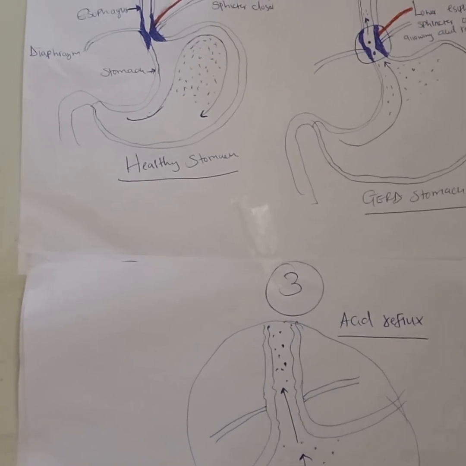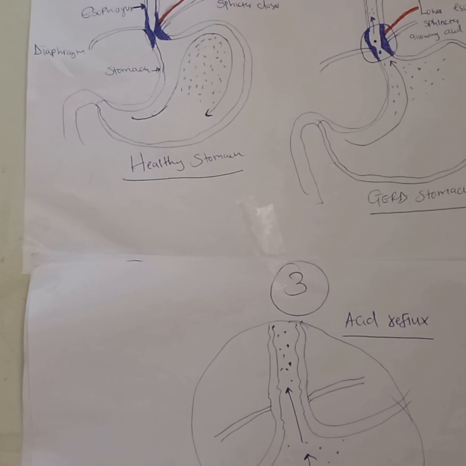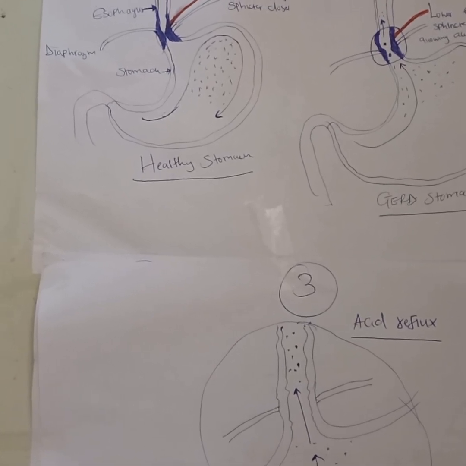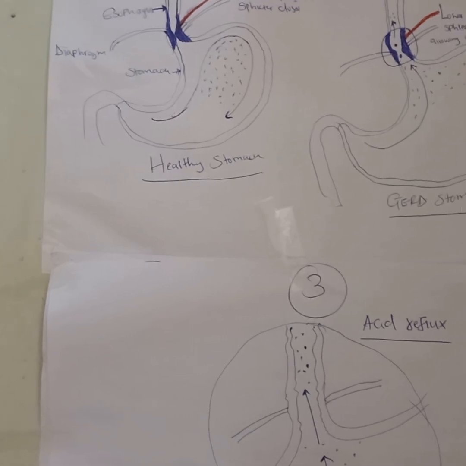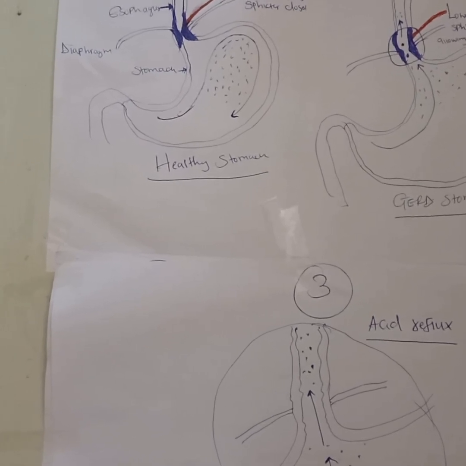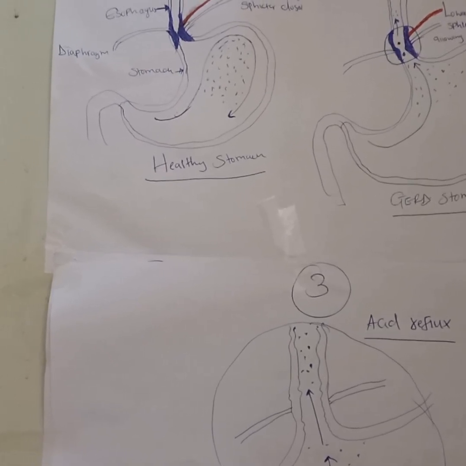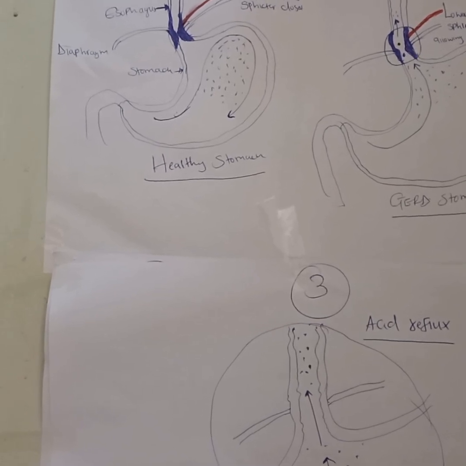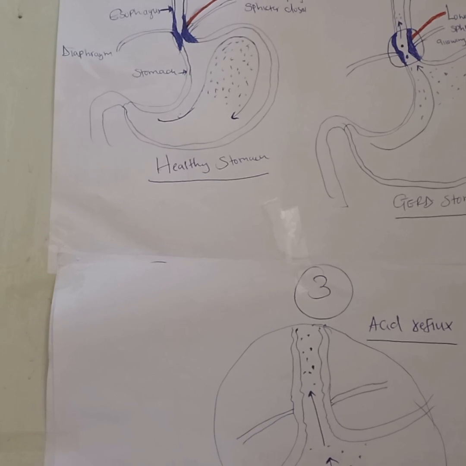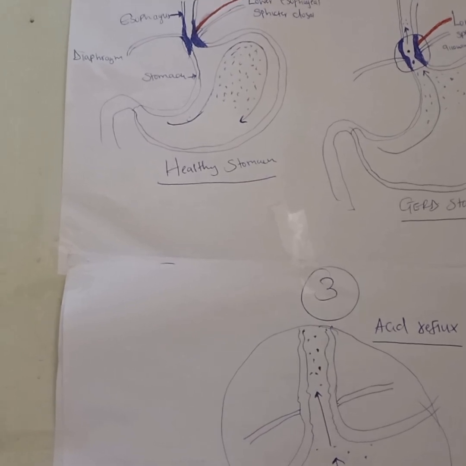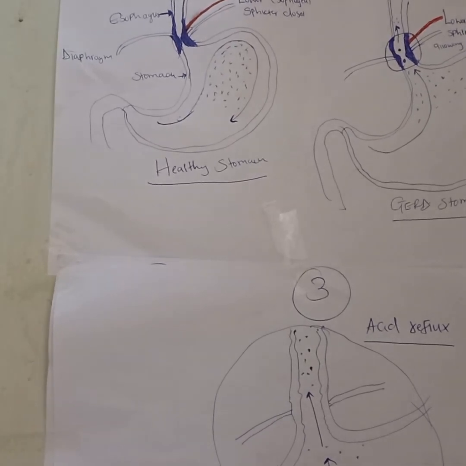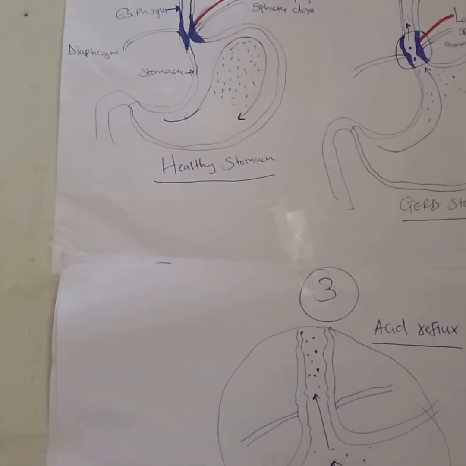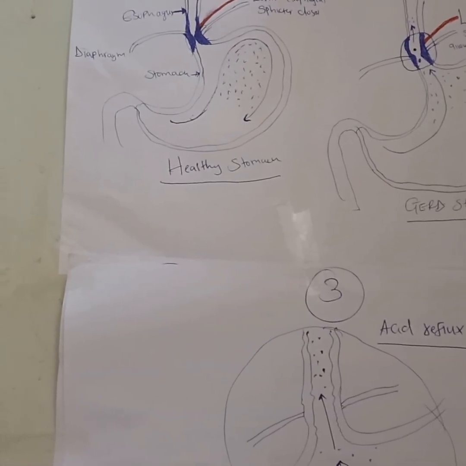We have mentioned hiatal hernia, pregnancy, obesity, smoking, some medications, and chest surgery, especially on the upper abdomen, which may have injured your esophagus. And also we have looked at some foods which contribute to this.